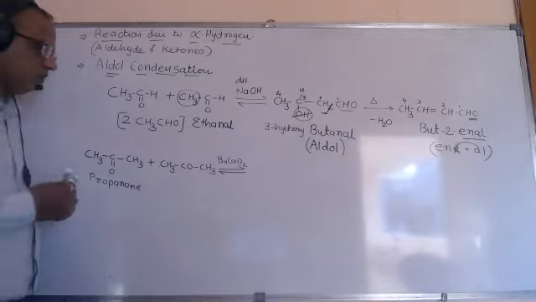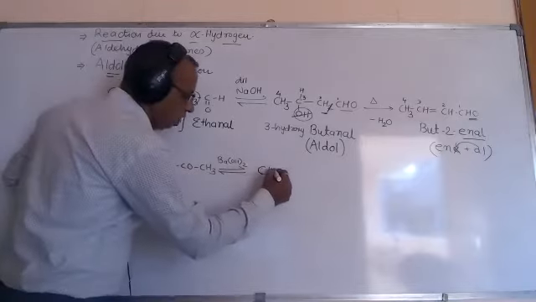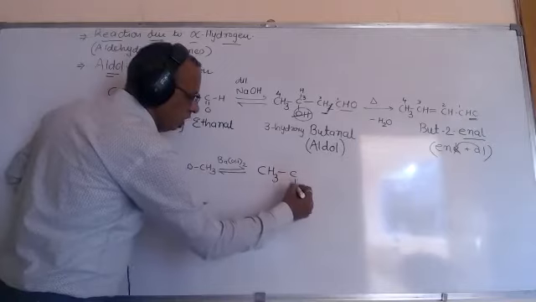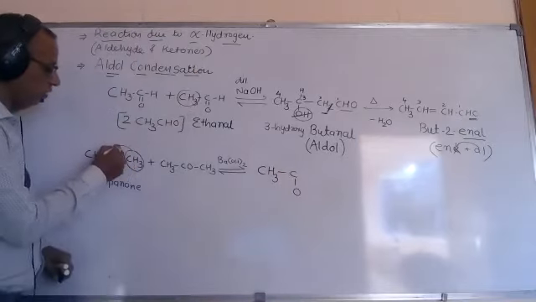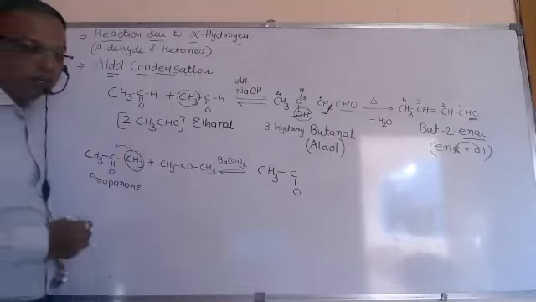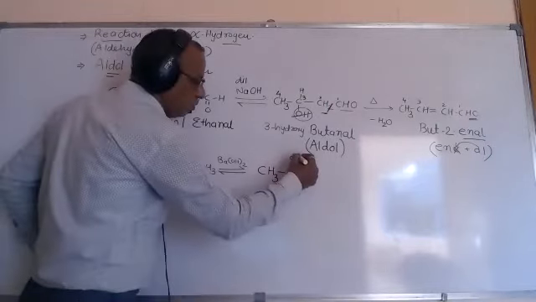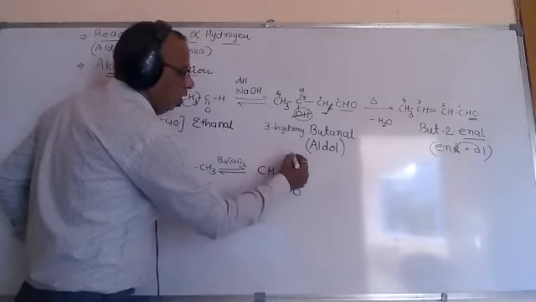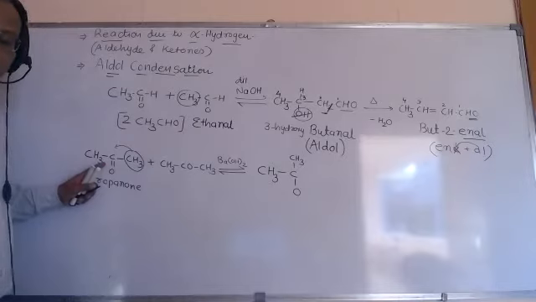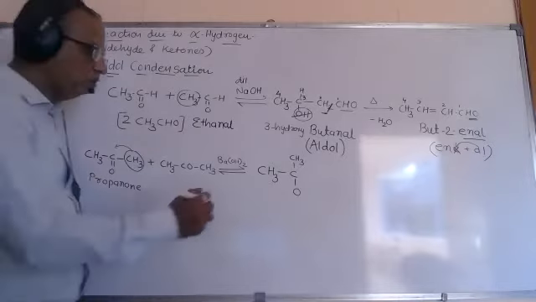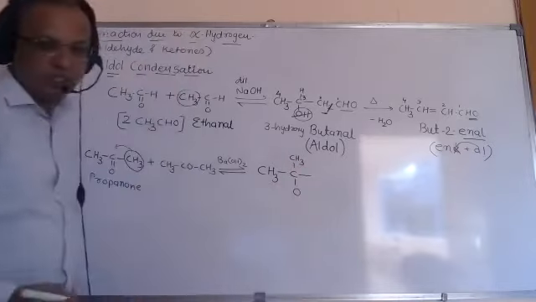So what happened in the first step? Once again, it's an addition reaction. CH3CO. Friends, this CH3 will move upwards. This is CH3. Out of the double bond with two bonds with oxygen, one bond will be present here.